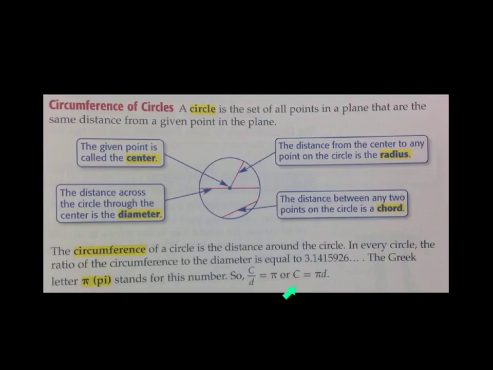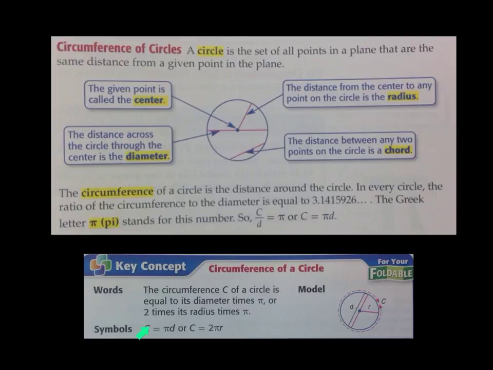Another way to look at that is you can find the circumference by using pi and multiplying it by the diameter. So if I know the diameter of a circle and I multiply it by pi, 3.1415, I'll figure out the circumference. So the circumference, capital C, is equal to pi times the diameter.